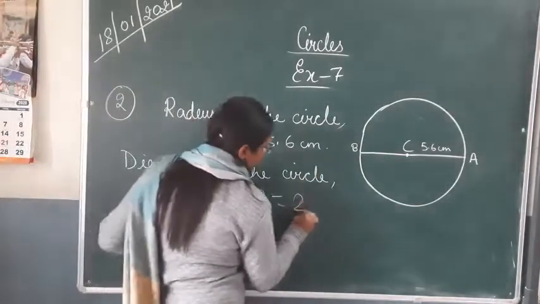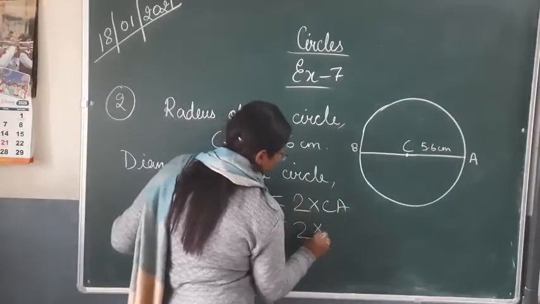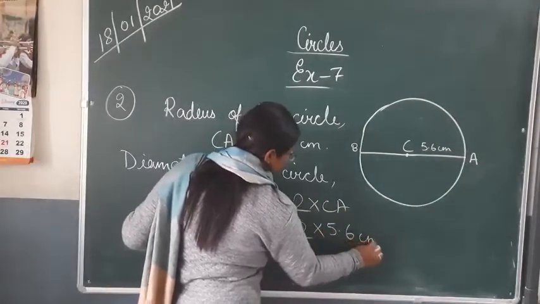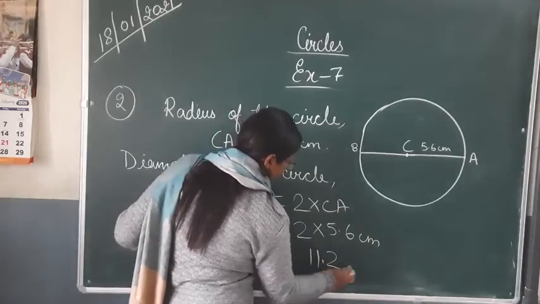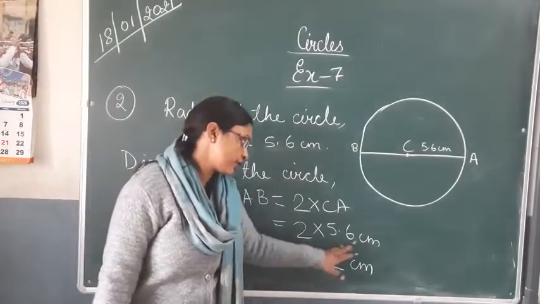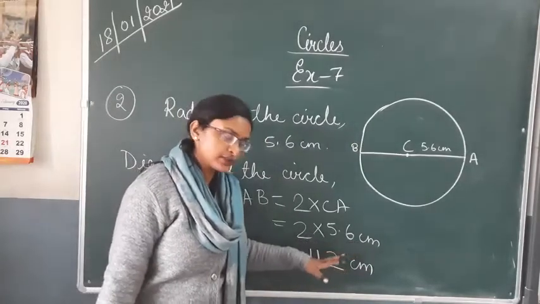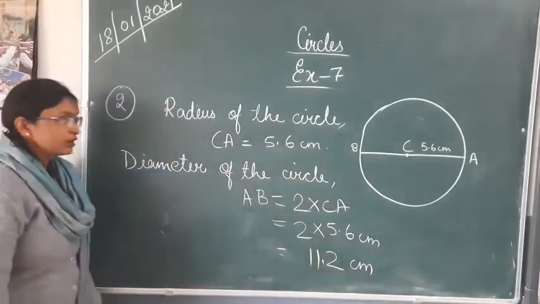So double of CA is equal to double of 5.6 centimeter. 6 2 12, 6 5 2 5 10, 11, 11.2 centimeter. I have put the decimal here because there was only one decimal place, so we put the decimal in the one place. So this is your solution number 2.